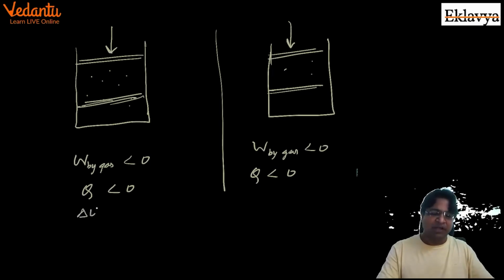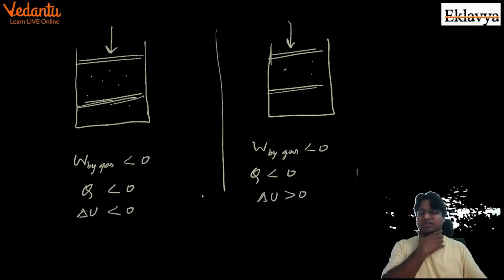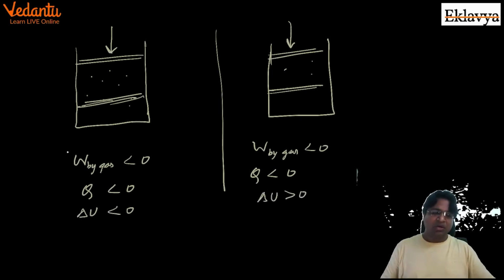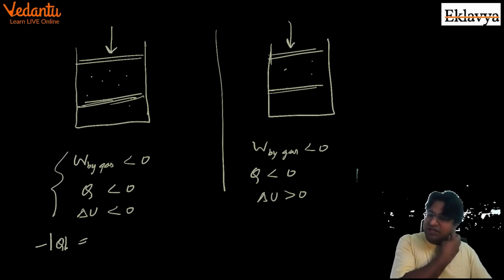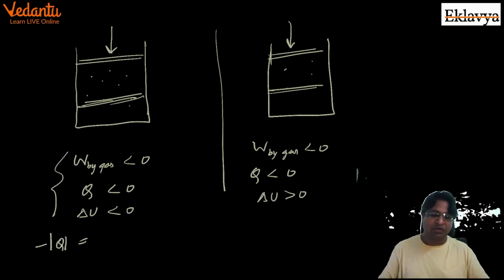So let's say delta U was also negative, and let's consider here that delta U was positive. Let's see which case will apply. According to these signs, I'm putting this in the first law of thermodynamics, so minus mod of Q equals delta U plus W. I'm using explicit mod signs so that there's no confusion.